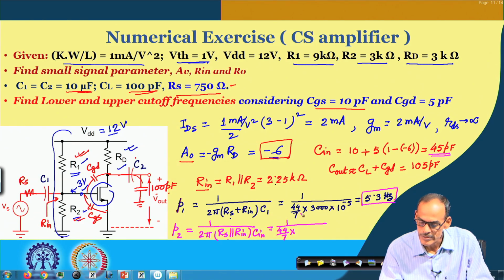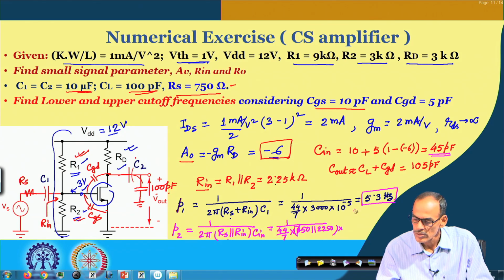So R s is 750 in parallel with 2250, and then 45 picofarad.